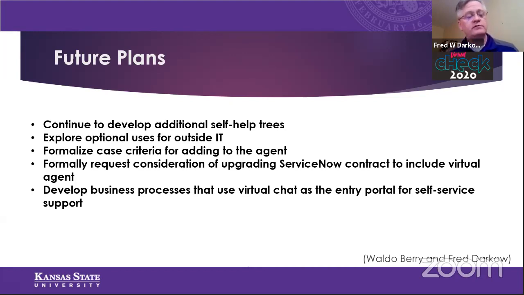And also we're continually developing the business processes that use the virtual chat as the entry portal, trying to make it more usable by other units on campus, so it's not just the help desk, and we'll have those processes ready if other people want to use it. We can just give them those processes, and they can also take advantage of what we have built into the system and add it in with the virtual chat.